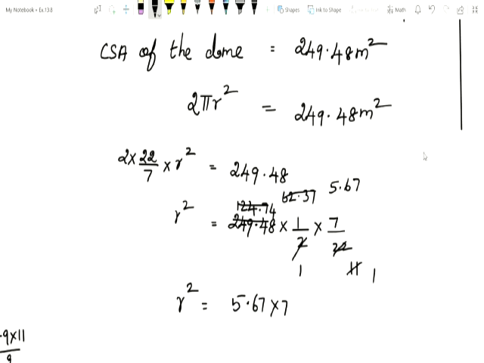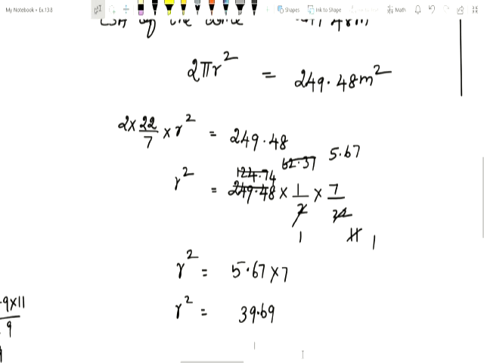Now you multiply this, r square equal to 7 sevens are 49, 9 remaining 4, 7 6s are 42, 42 plus 4 46, remaining 4, 7 5s are 35, 35 plus 4 39. Here 2 decimals are there, so 39.69.